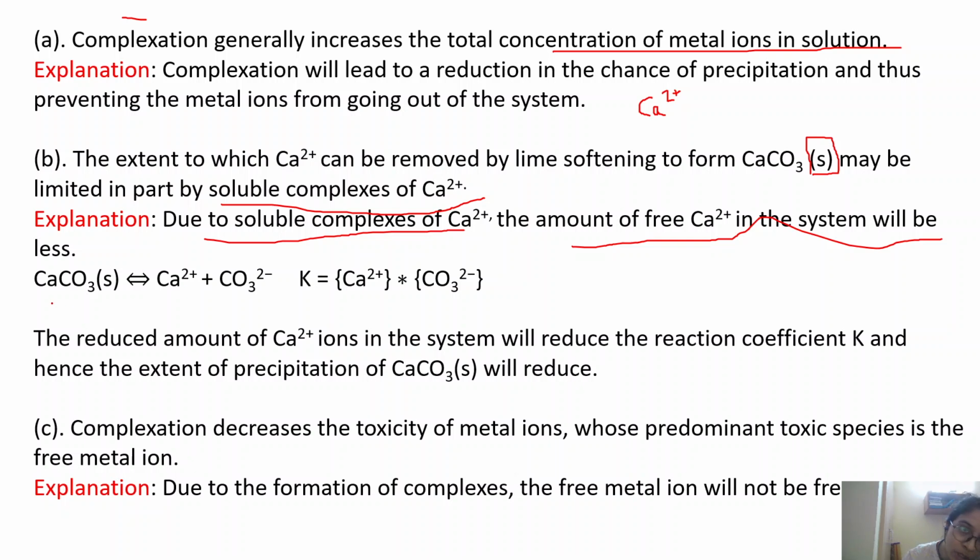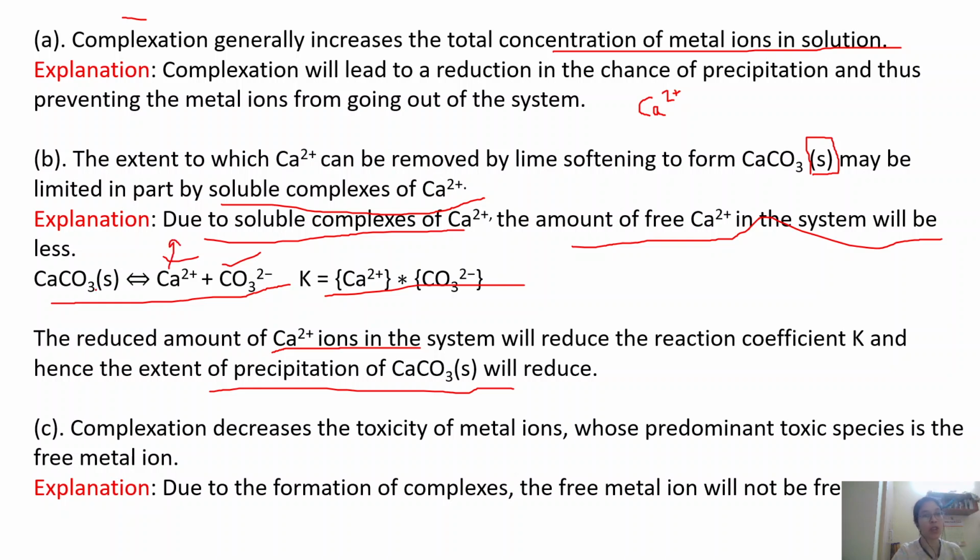CaCO3 solid is breaking into Ca2+ and CO3 2-, and this is the Ksp. The reduced amount of calcium in the system will reduce the reaction quotient, and hence the extent of precipitation will reduce. When this calcium is forming complexes, it means this calcium is going out of the system.